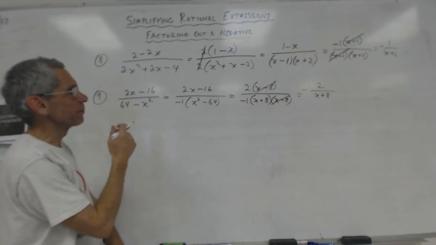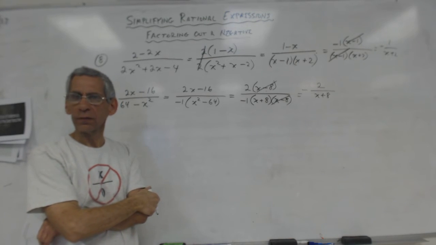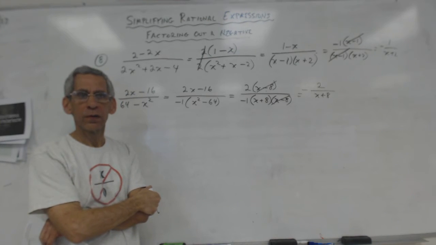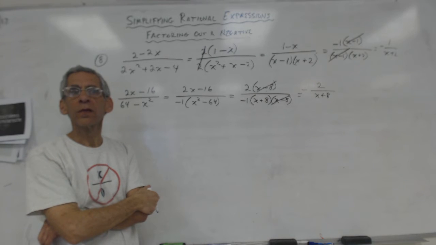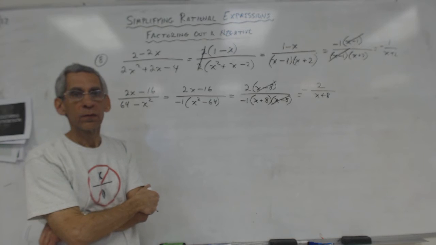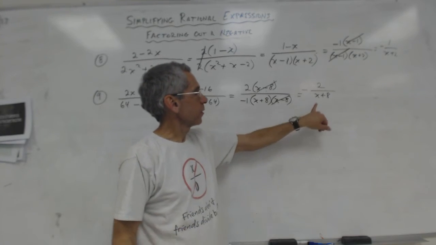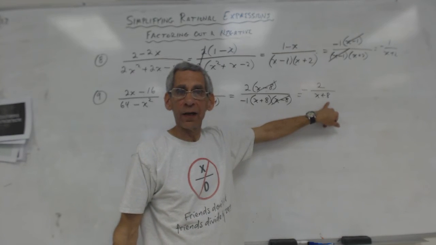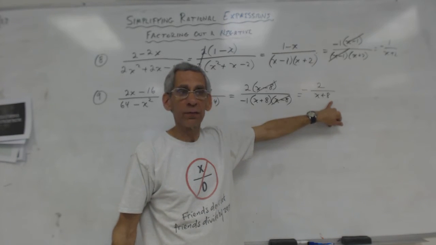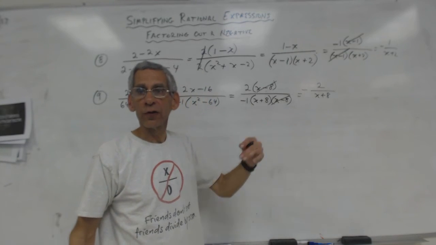What is my excluded value for this? X cannot equal negative 8. But where do you have to look for the excluded value?